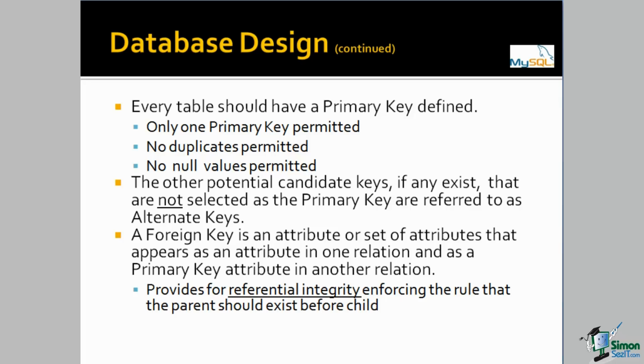When we use the primary key from one table to create a relationship with another table, that primary key stored in the other table is referred to as a foreign key.